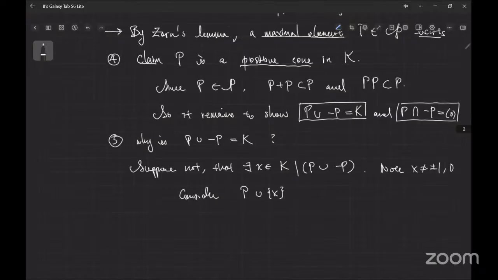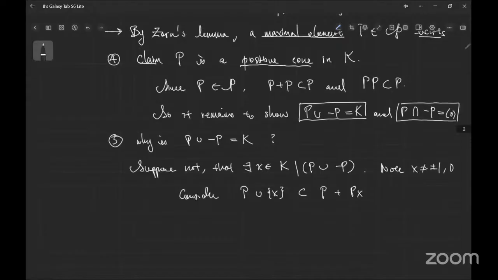All right. So the set P union X is strictly larger, and I claim it is contained inside P plus PX.